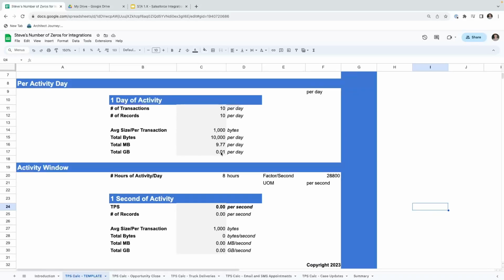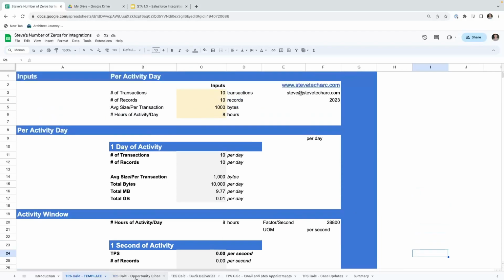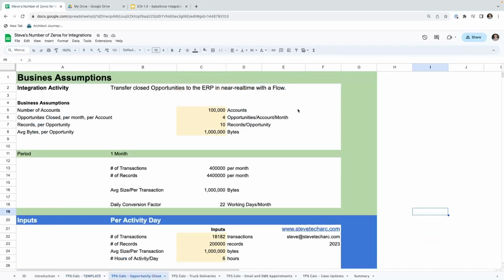And so this is a nice little spreadsheet I'll use, and we're going to walk through a couple of examples. So here is a business activity: transfer closed opportunities to an ERP in near real time with a flow. And in this particular example, these are the clear business requirements that you can ask for.